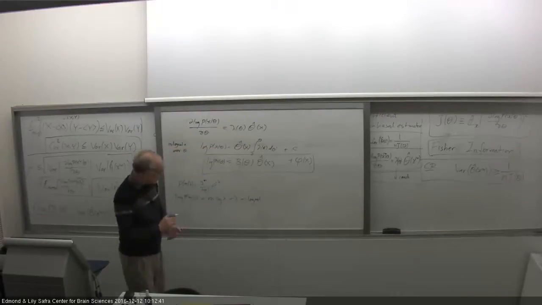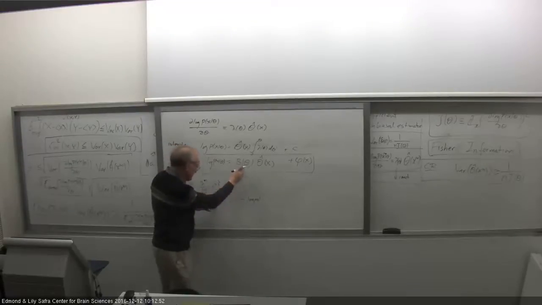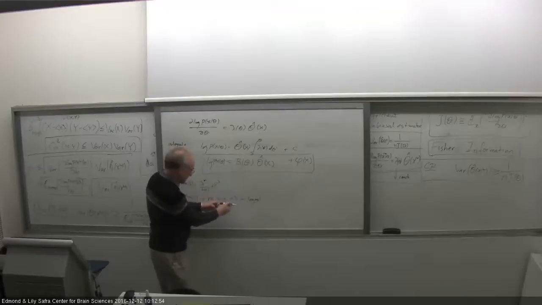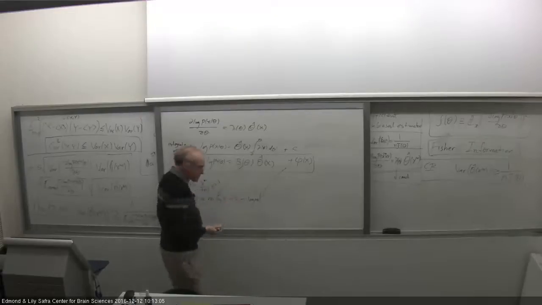So is this of this form? Yes. So I have a function that depends on my x, and a function which depends on my parameter, multiplied, plus or minus some other function of the parameter, and some other function of the variable. So this is this, this is this, and this is actually a normalization.